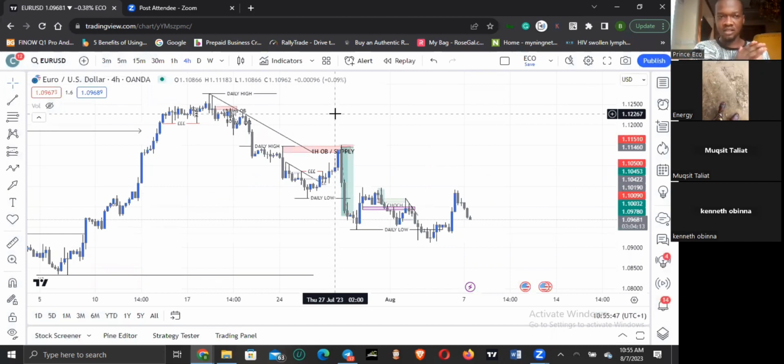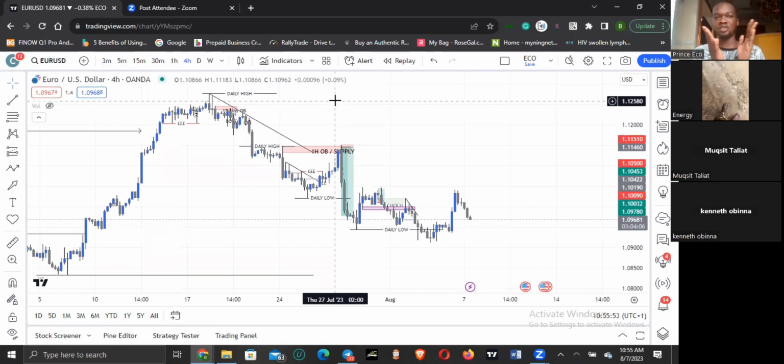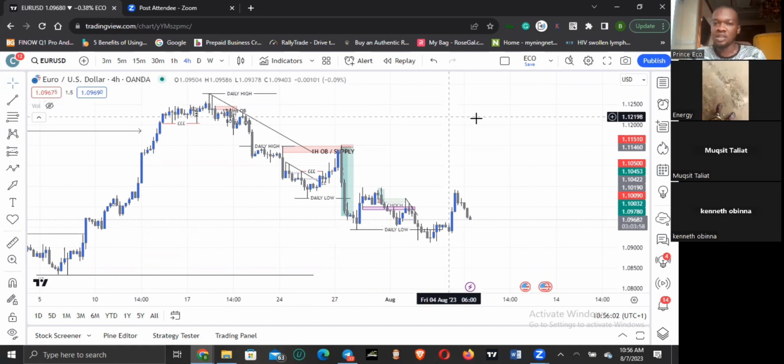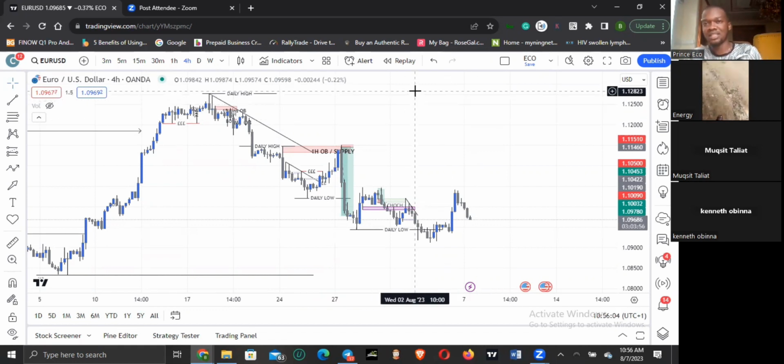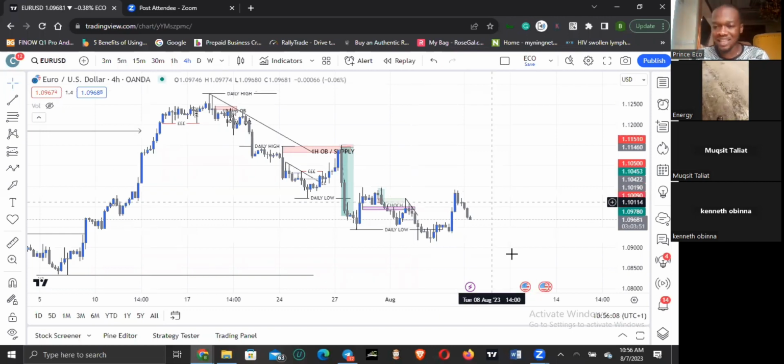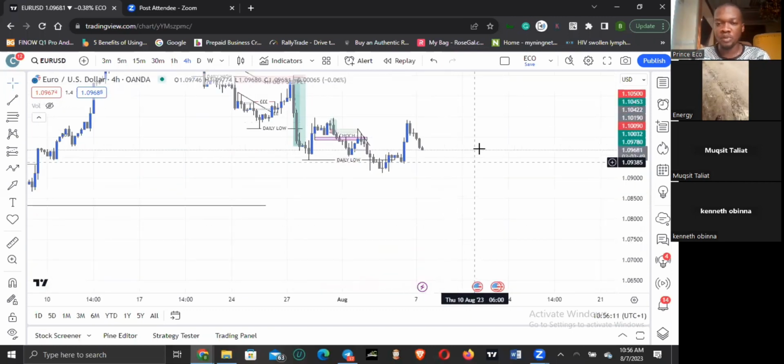Like we did on the previous one, EU and GU, at some point, to some extent, I would say they are correlating. But to know what move EU is going to take, the DXY is the inverse of EU. If EU is selling, DXY would be buying.